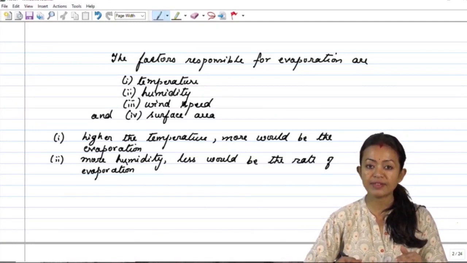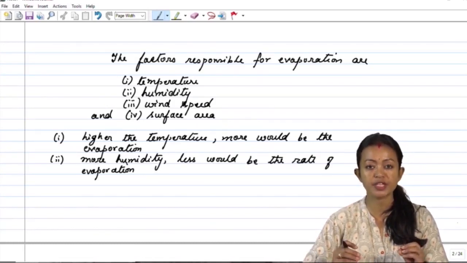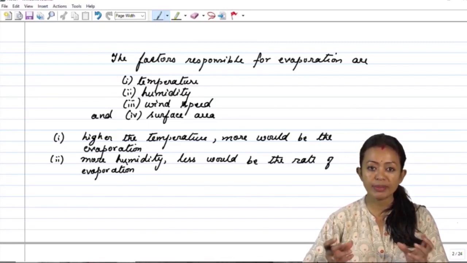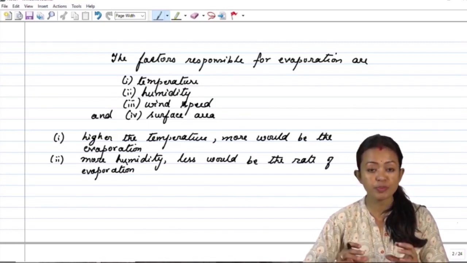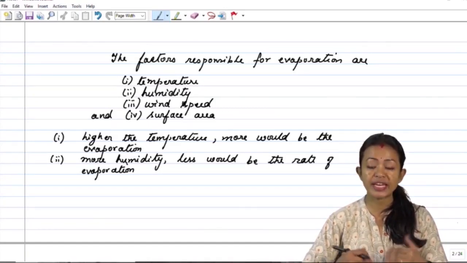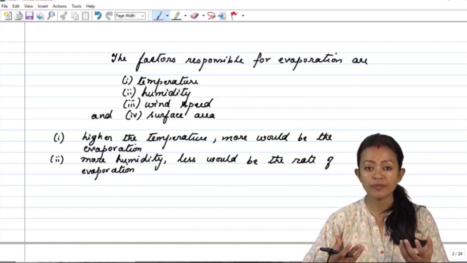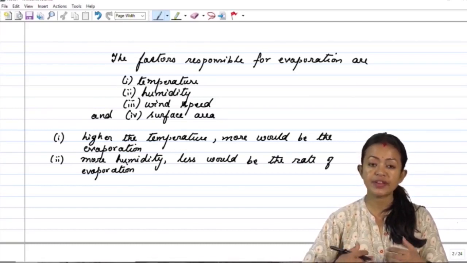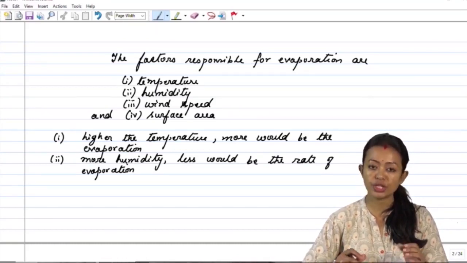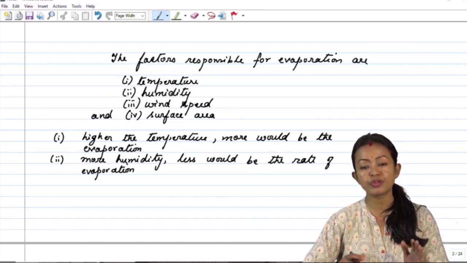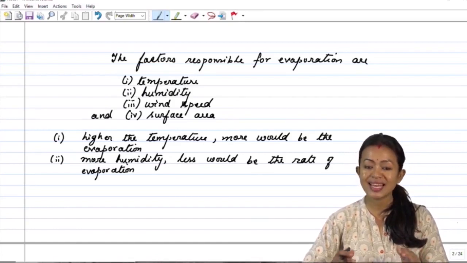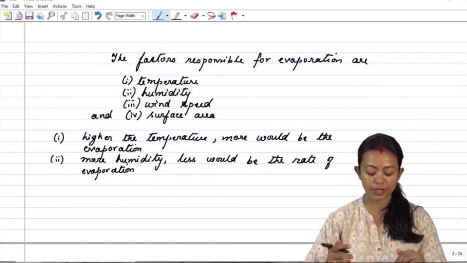But if the humidity level is low, for instance in peak summers or during the winters, that is the amount of water vapor present in the atmosphere is low, then there is more availability of space in the atmosphere, and thus what would happen? The water molecules would readily get converted into the vapor phase, and thus the rate of evaporation would also increase. So you need to understand that a high level of humidity would reduce the rate of evaporation, whereas less humidity will increase the rate of evaporation.